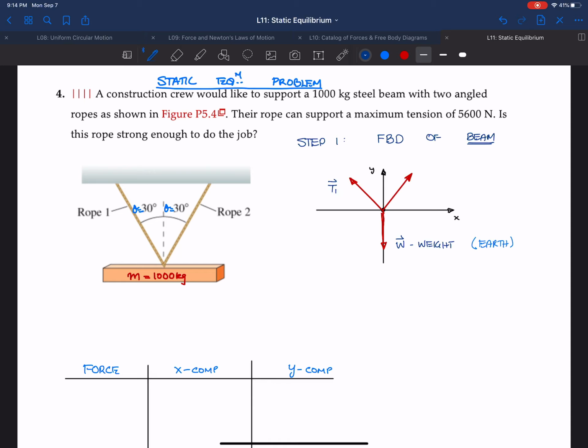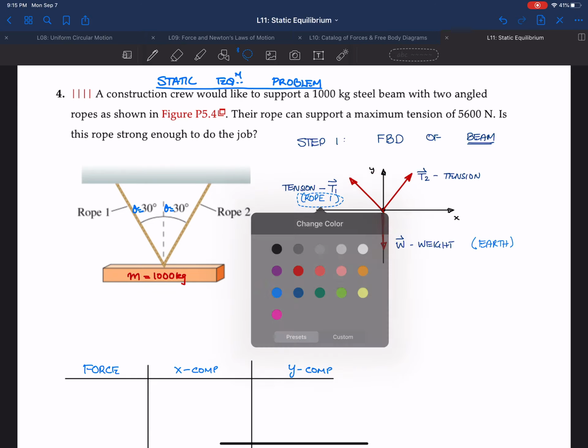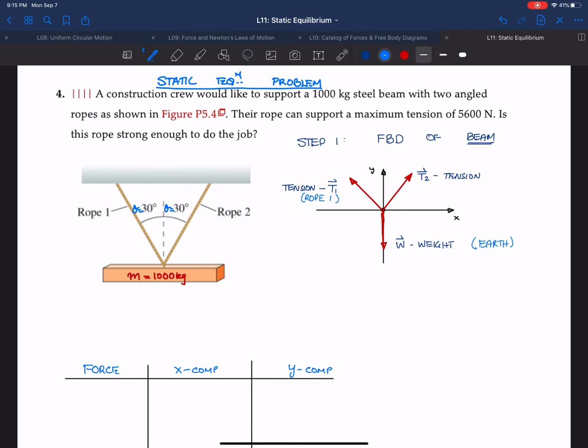That's the force that rope 1 is exerting on the steel beam. And here we've got T2, which is again the tension, the force exerted by rope 2 on the steel beam. Remember, these are all forces acting on the beam. Okay.